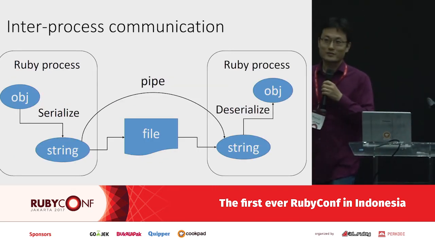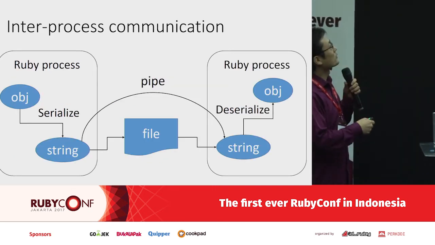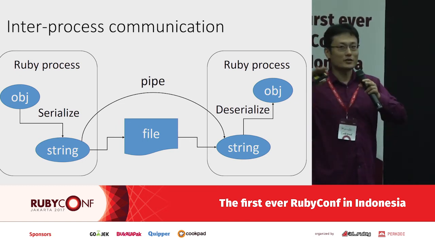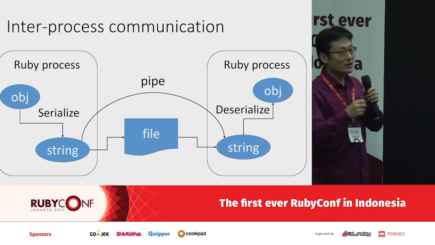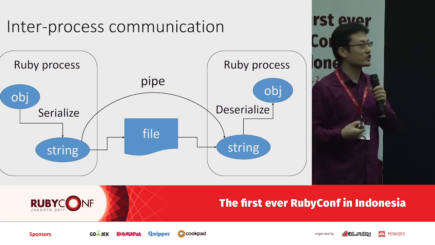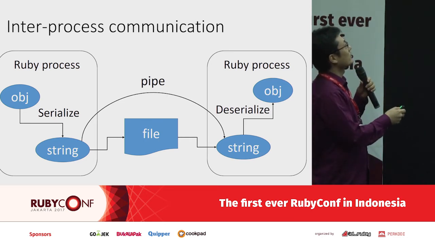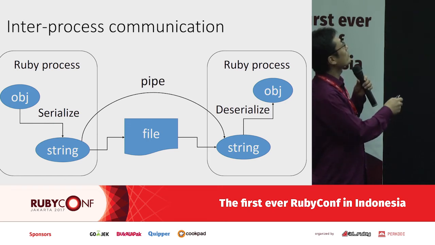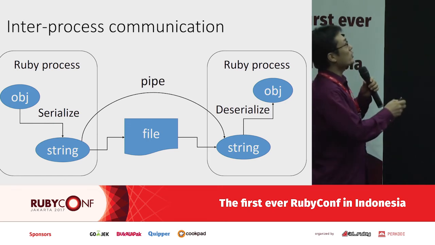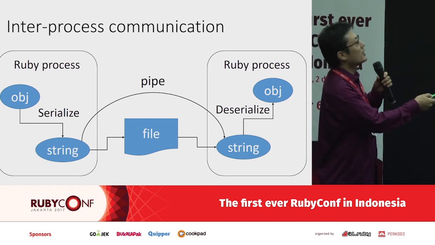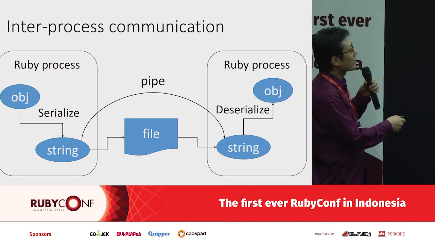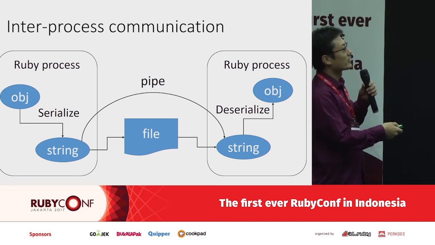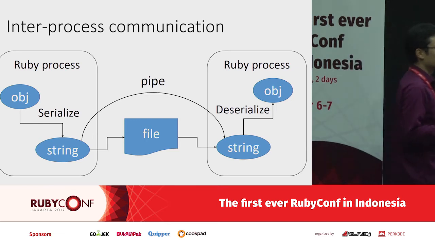So we can make multi-processes and run in parallel or in a concurrent situation. But if we need to communicate with each other, we need to use something like a pipe or file. For example, if we want to pass this object to another Ruby process, we need to serialize it to a string, write it to a file or pipe, read it, and deserialize the object.